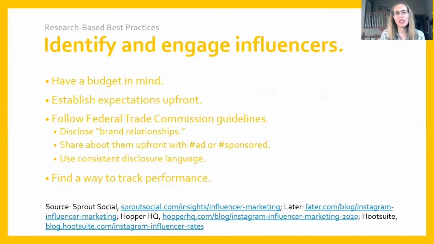If you want to begin reaching out to an influencer, it's important to first have a budget in mind, because influencers are paid for sharing about businesses and businesses' products and services. The compensation that's appropriate for an Instagram influencer really runs the gamut. According to some research from Influence Company in 2017, the average Instagram influencer received about $270 per post.